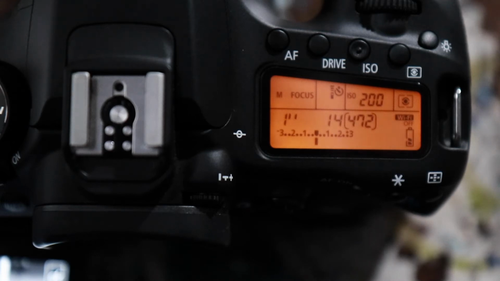You'll see that it is represented right now by the number 1 with a quote mark next to it. The quotes represent 1 second. When you see those quotes, it means it's a second. So this would be 1 second, which is actually, in the photography world, a long exposure.